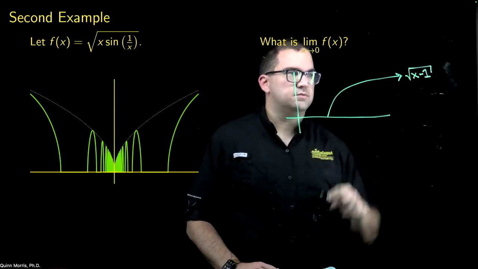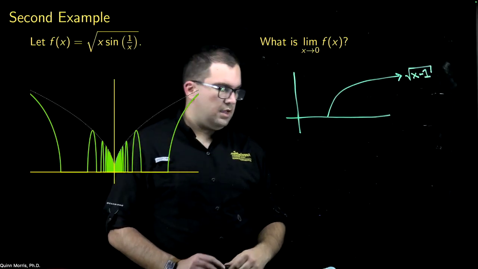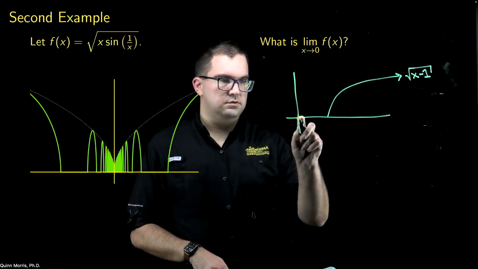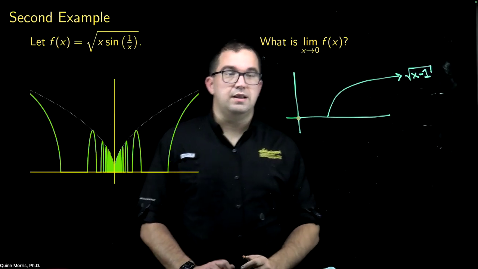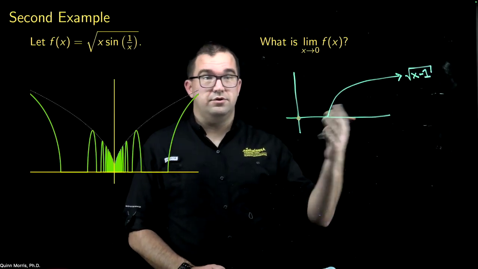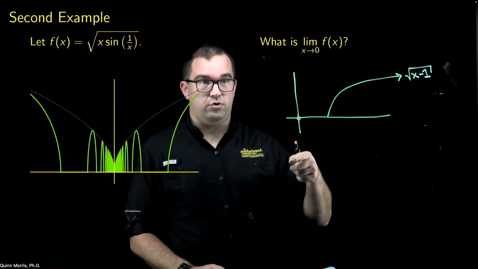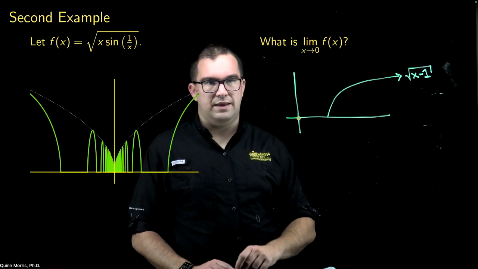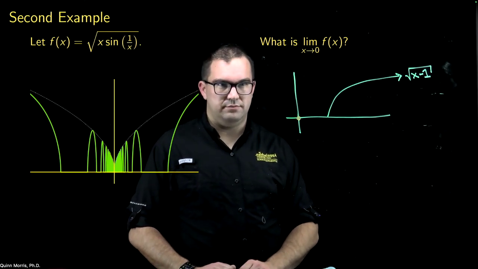This would be square root of x minus 1. Okay. And think about the point 0. Now, 0 is not an accumulation point of the domain of this function. The domain of this function is the interval closed 1 to infinity. 0 is not an accumulation point of that domain. We can't apply our definition as it's stated.